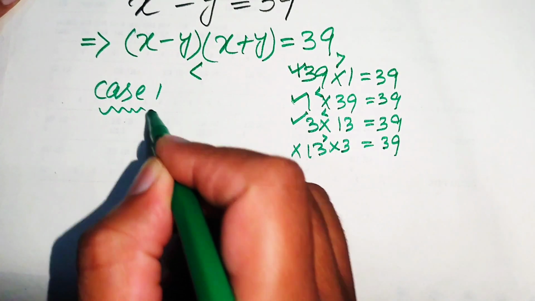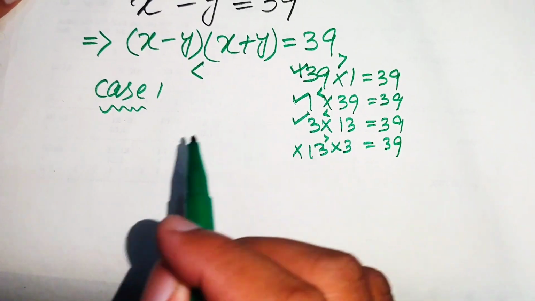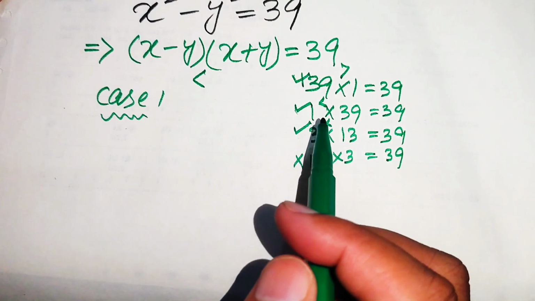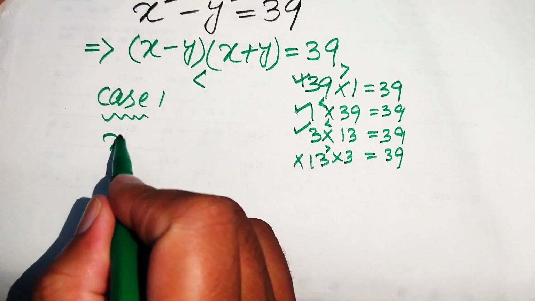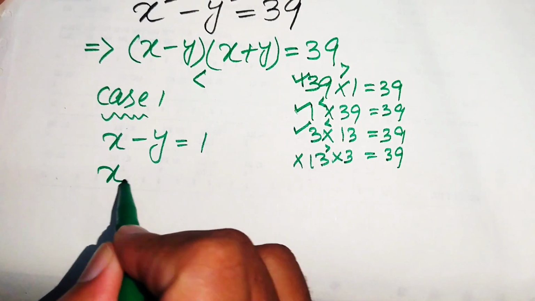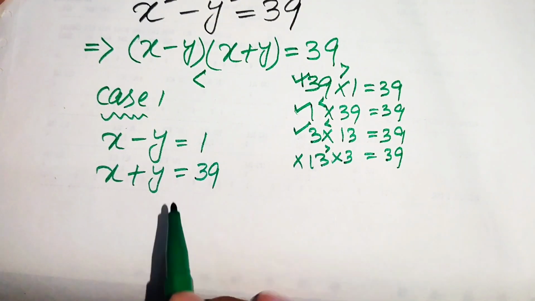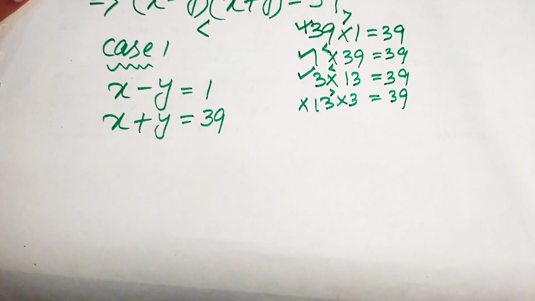Our first case is that we compare the left-hand side with 1 multiplied by 39. Comparing the two factors, we get x − y = 1 and x + y = 39. So this is our case number 1.